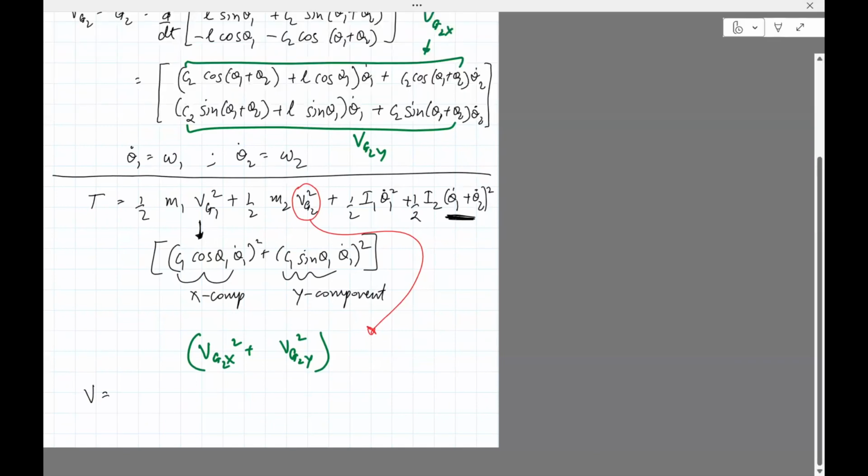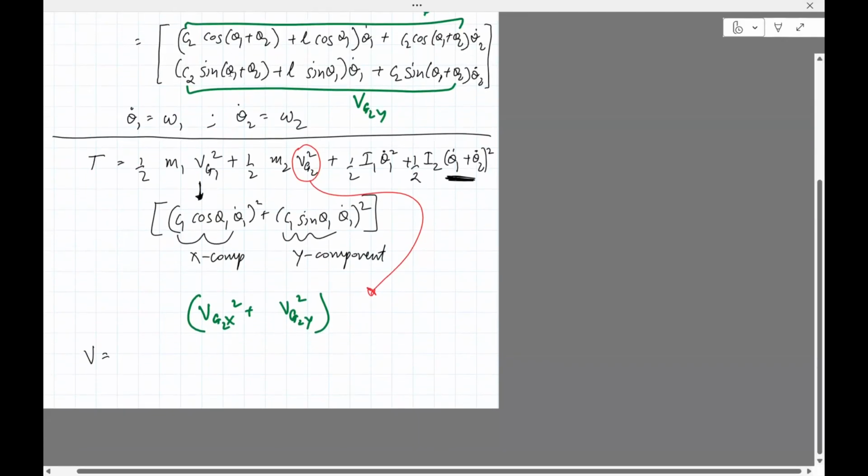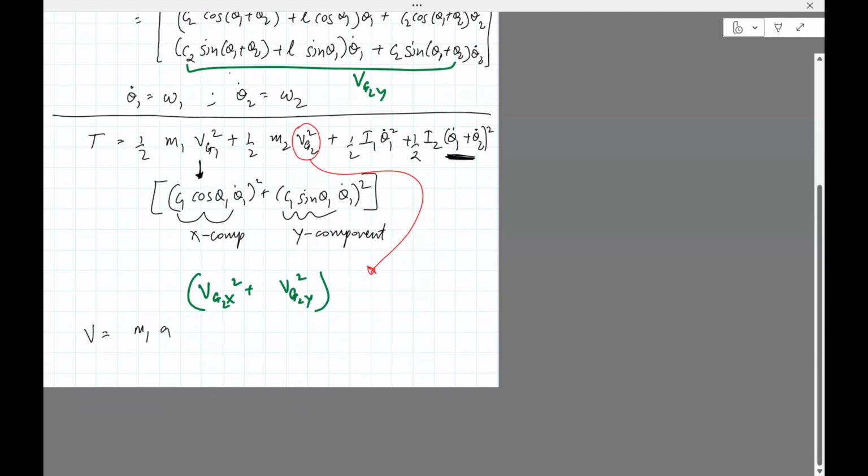Then we have the potential energy. That's kind of straightforward. It's M1 g YG1 plus M2 g YG2. These come from the y positions of G1 and G2.